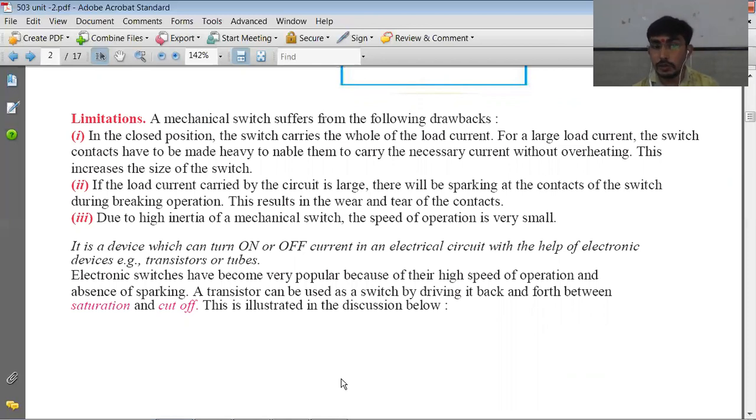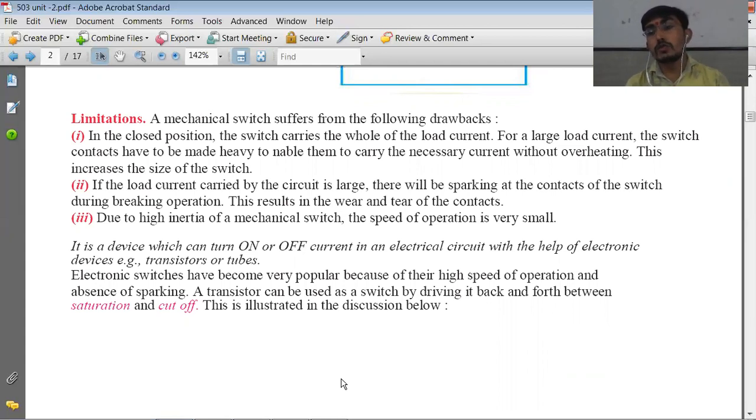It is one of the very popular types of switches because of its high speed of operation. And as it has a high speed of operation, there is also an absence of sparking.